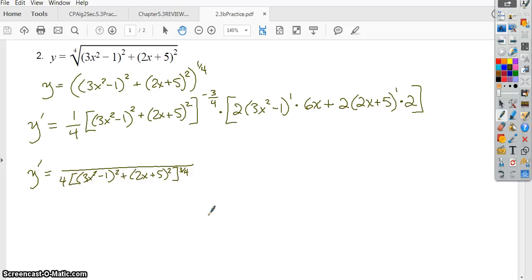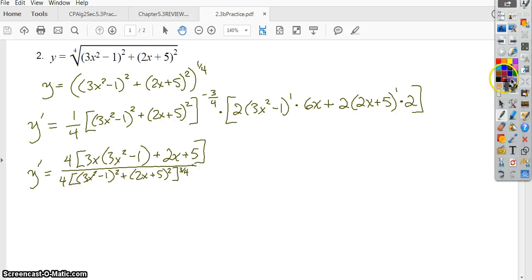So if I have 12 and 4, my GCF would be 4. 2 times 6x is 12x, and I pull the 4 out, that would leave me with a 3x and 3x squared minus 1. And over here, I pull the 4 out. 2 times 2 is 4, so all I have here is plus 2x plus 5. And I don't really need parentheses anymore there.